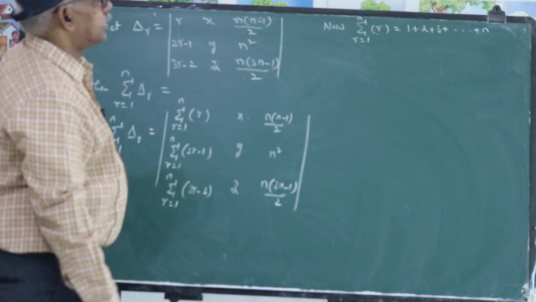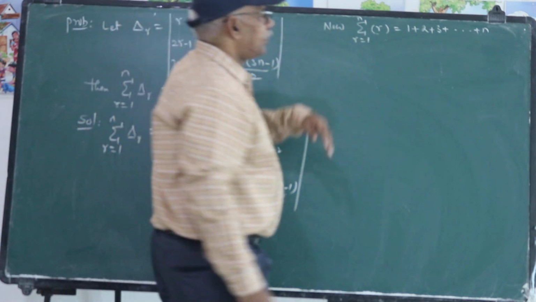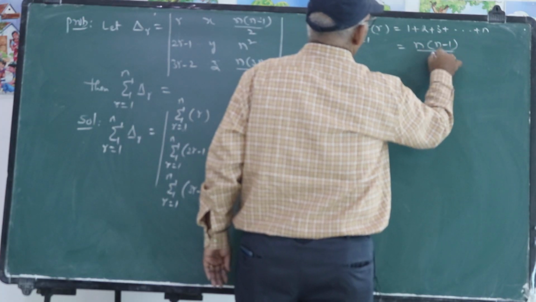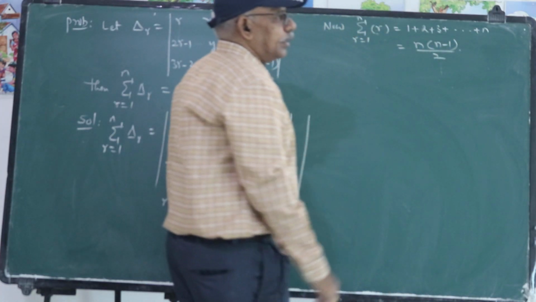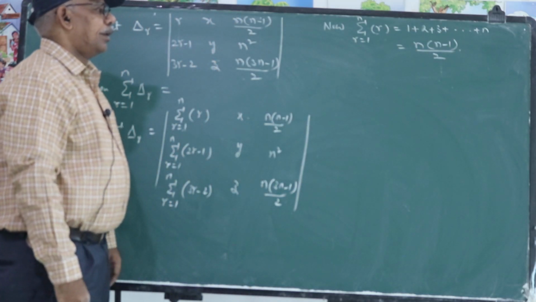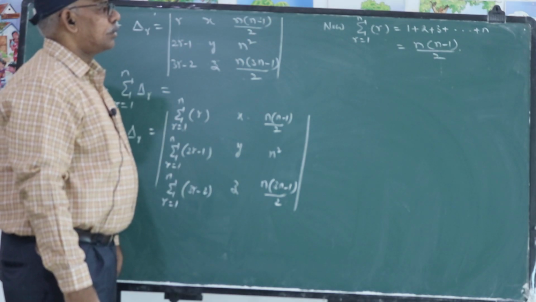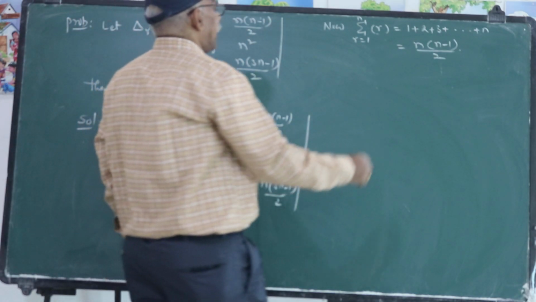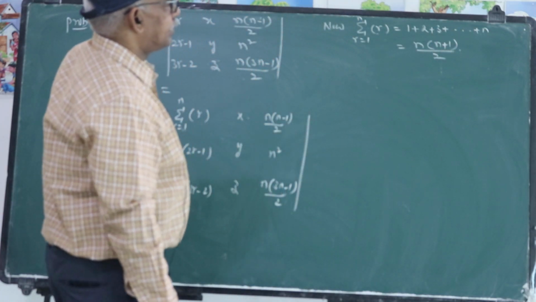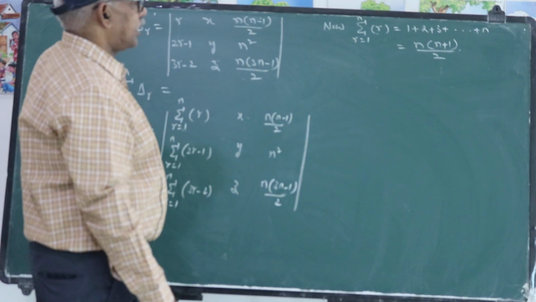That is nothing but the sum of the first n natural numbers, which is given by n into n plus 1 by 2.